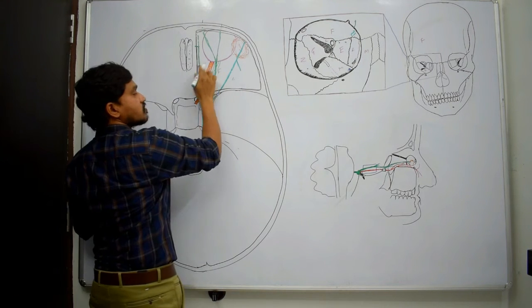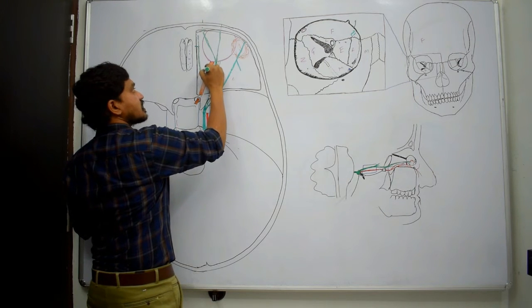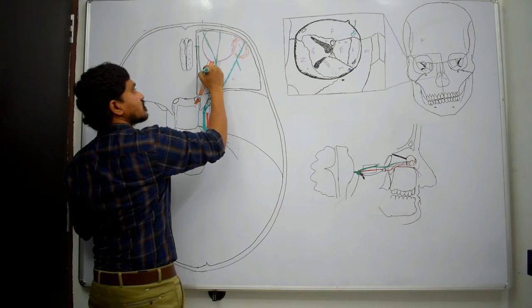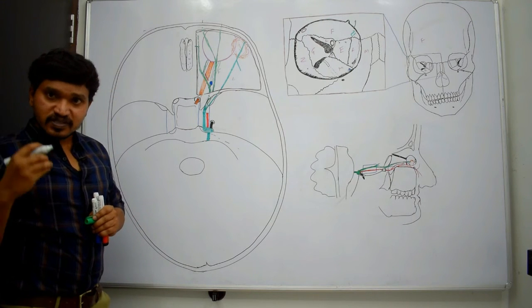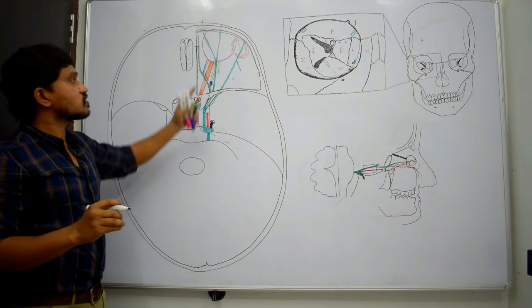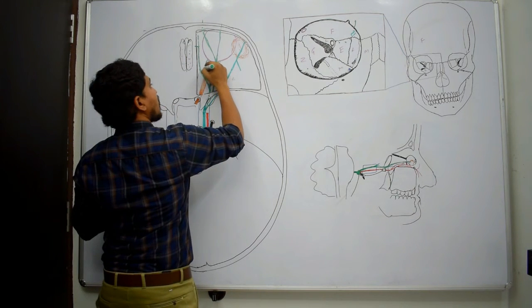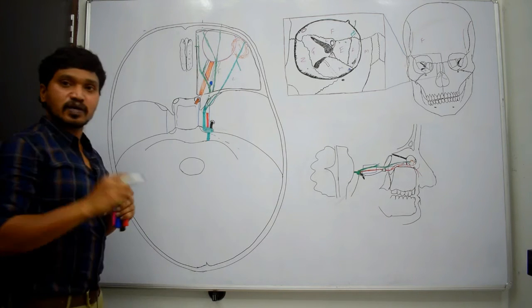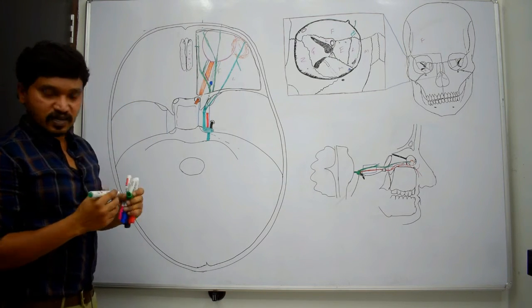Then medial to the optic nerve, the nasociliary nerve will give long ciliary nerves. Two to three long ciliary nerves. These long ciliary nerves carry sensation, or they will supply sensory nerves to the eyeball, right? So these are long ciliary nerves. They may contain a few sympathetic fibers also. That is about long ciliary nerves.